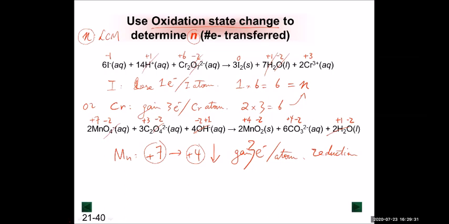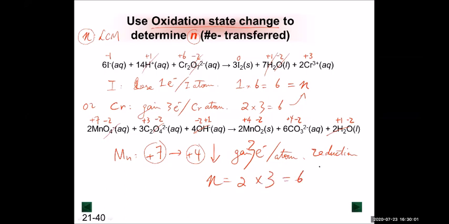Reduction means losing oxygen, and oxidation means gaining oxygen or an increase in the oxidation number. So manganese gains 3 electrons per atom, and there are 2 manganese. So the number of electrons is 2 times 3, because there are 2 manganese atoms and each gains 3.